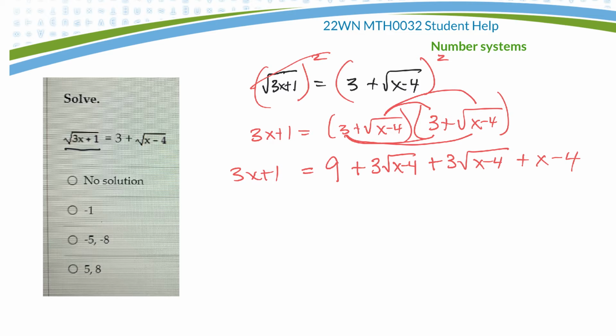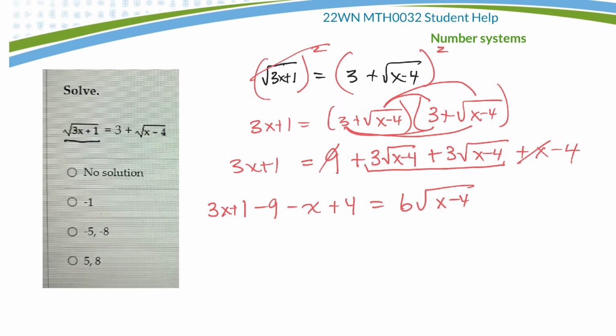Okay, let's bring everything over on the left-hand side that's not a radical. So I have 3x plus 1 minus 9 minus x and plus 4 equals, now these two, when you add them together, will be 6 root x minus 4.